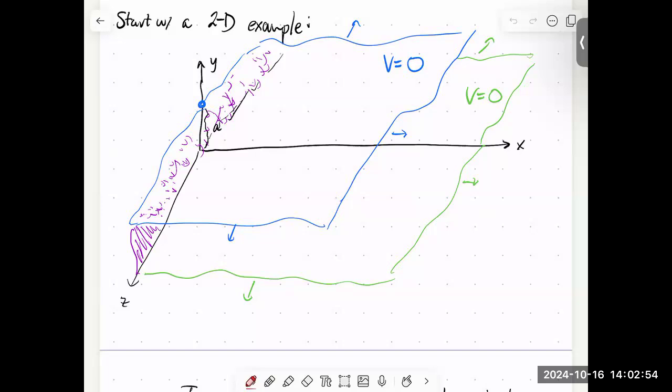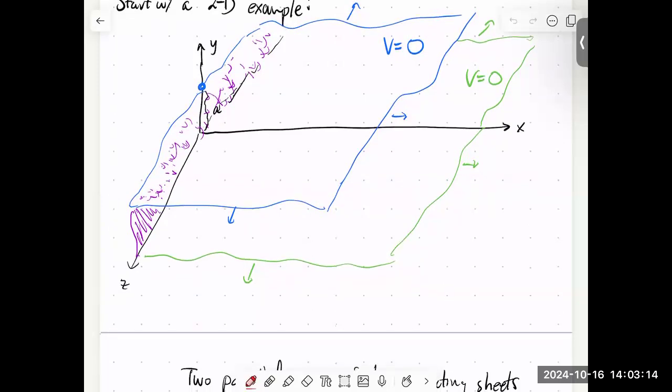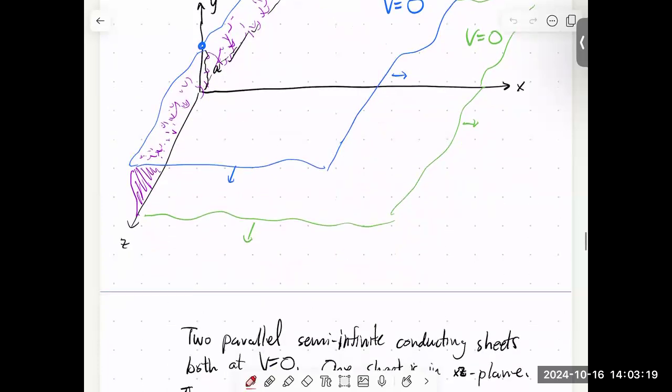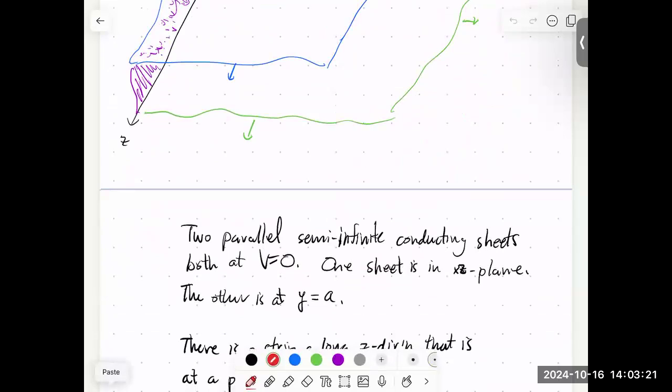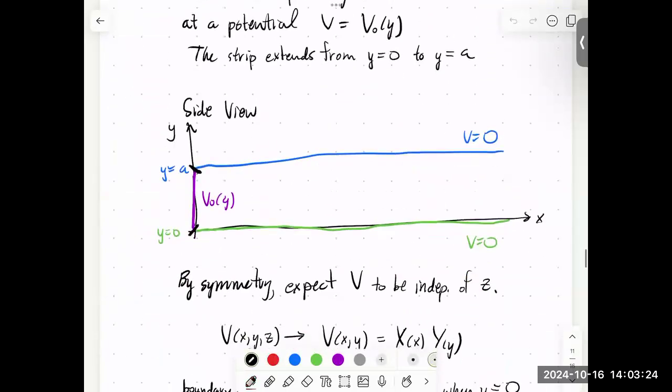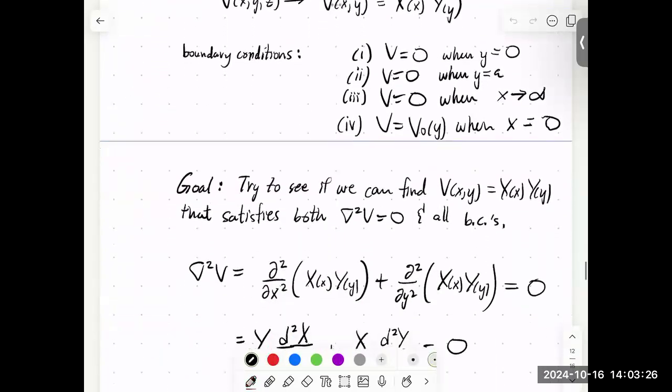On that strip, we could put some potential that depends on y. It could be a potential that increases linearly with y, or is completely constant, or whatever you can imagine. We were going to solve for the potential in the space between the semi-infinite planes by solving Laplace's equation, using the method of separation of variables.